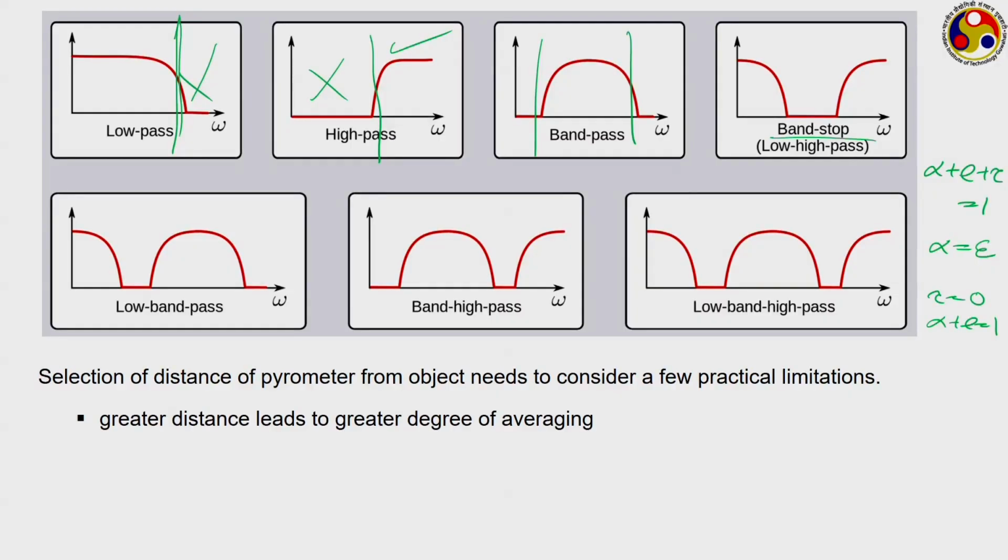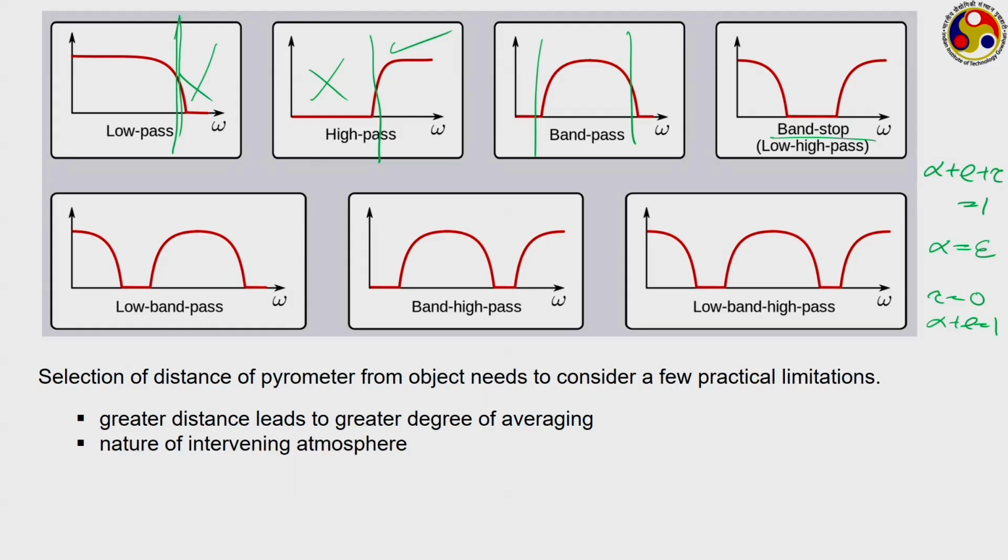So, theoretically speaking, the radiation that is coming from the source and falling on your sensor is independent of, or not changed by, the medium in between. However, there can be several other factors which can decide this distance, like the greater the distance, the more averaging we have to go for, because the emission coming from the source gets scattered in all possible directions, thereby only a small fraction may reach your sensor. So, you have to go for some kind of averaging.